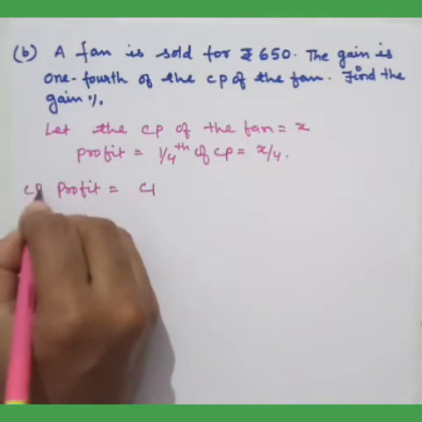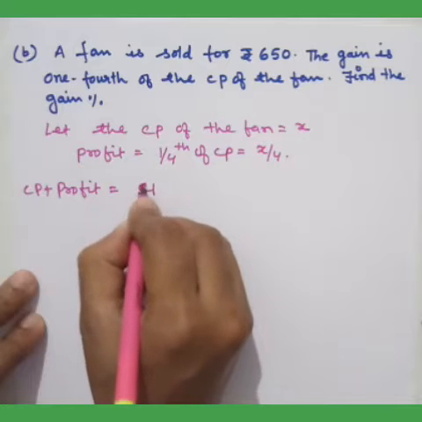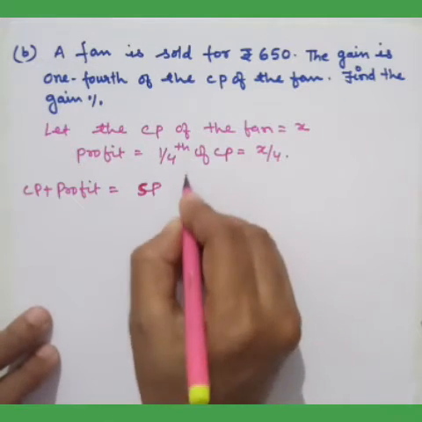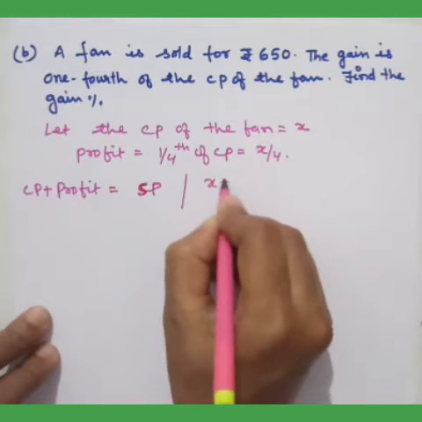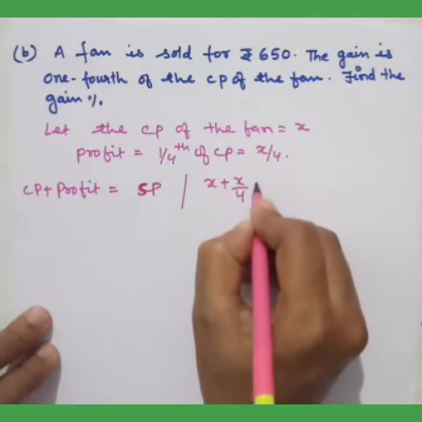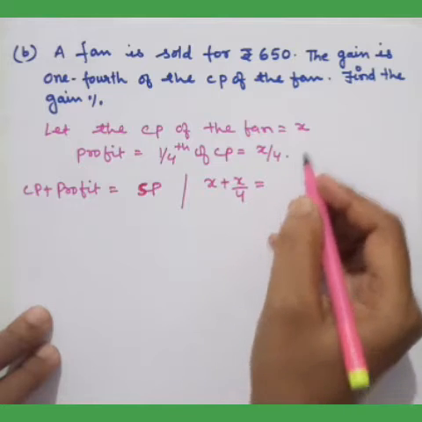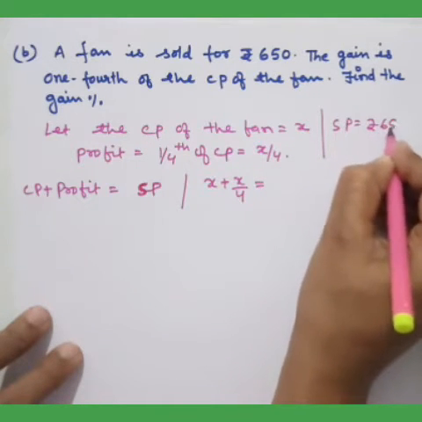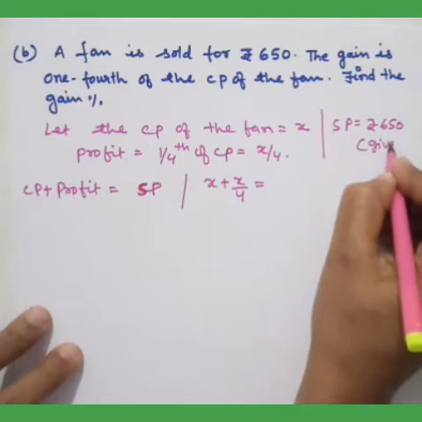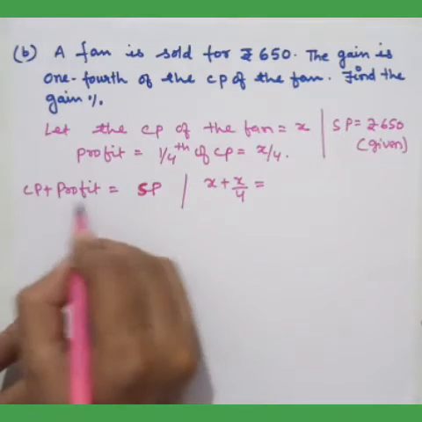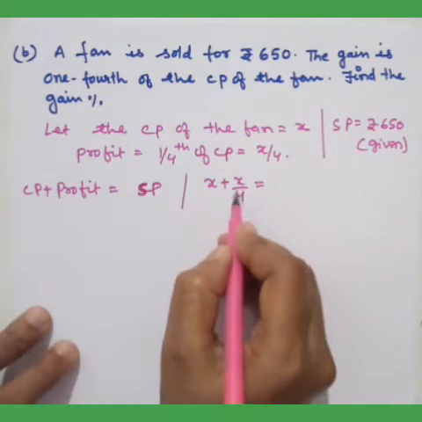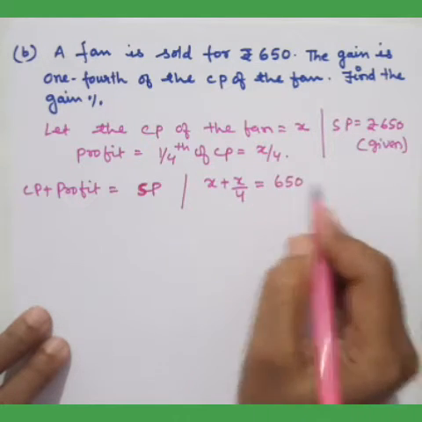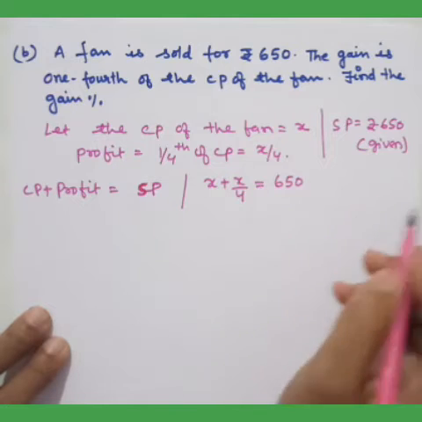CP plus profit is equal to your SP. So here X plus X by 4 is equal to how much? Here SP is equal to rupees 650, given. So according to your formula, CP plus profit, X plus X by 4 is equal to rupees 650. This is the equation you have got.